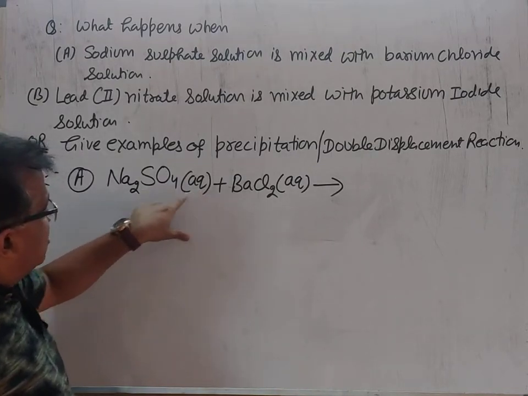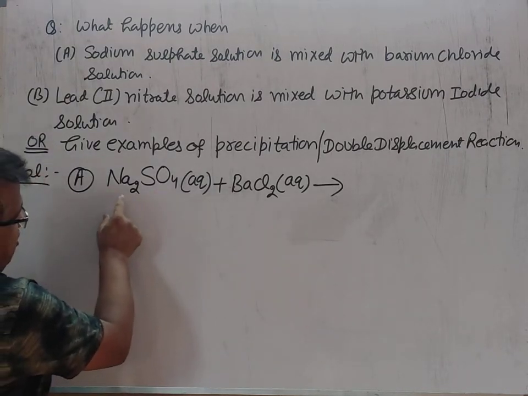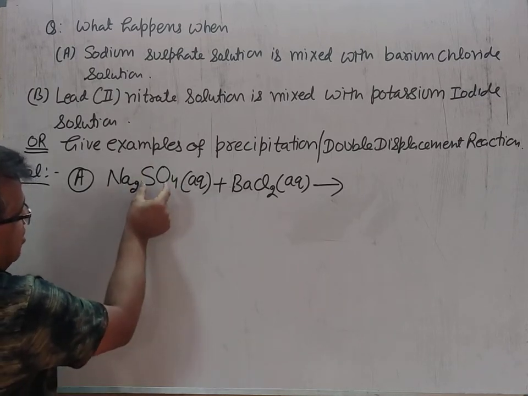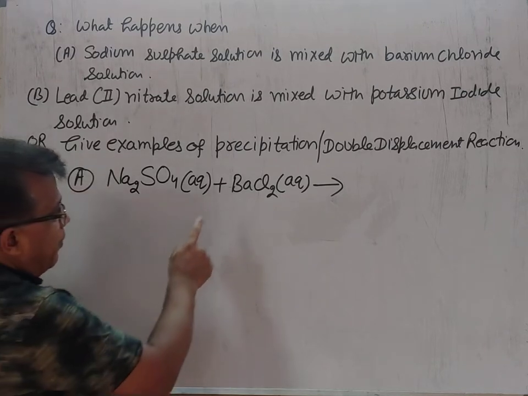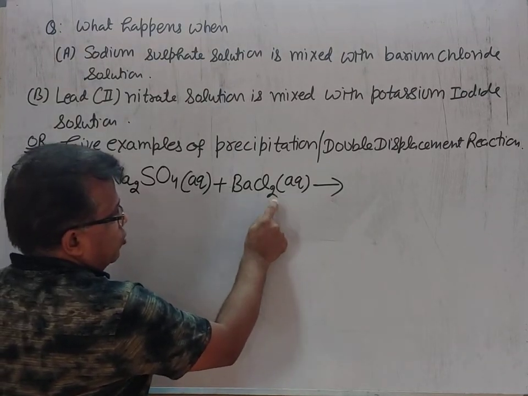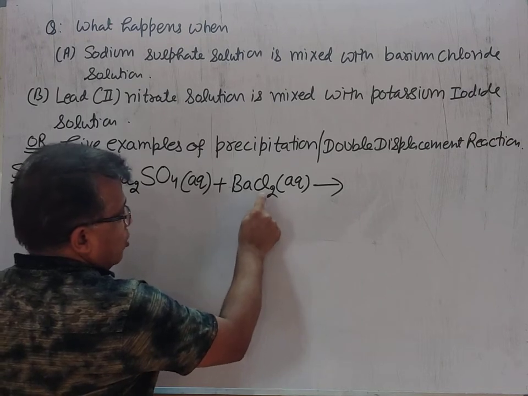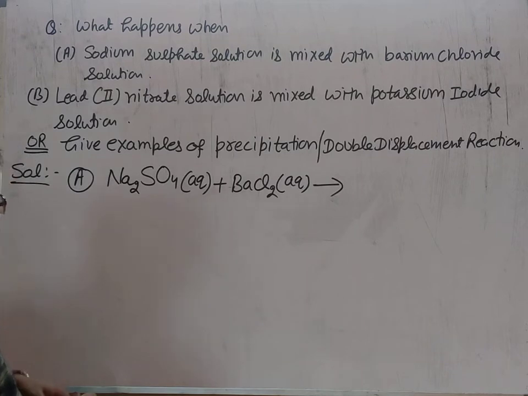When sodium sulfate is mixed with barium chloride, you must know the formula I told. Sodium has valency 1, therefore we place nothing with it. Sulfate has valency 2, therefore we place 2 with sodium. Barium has valency 2, and chlorine has valency 1, so we write 2 with chlorine.